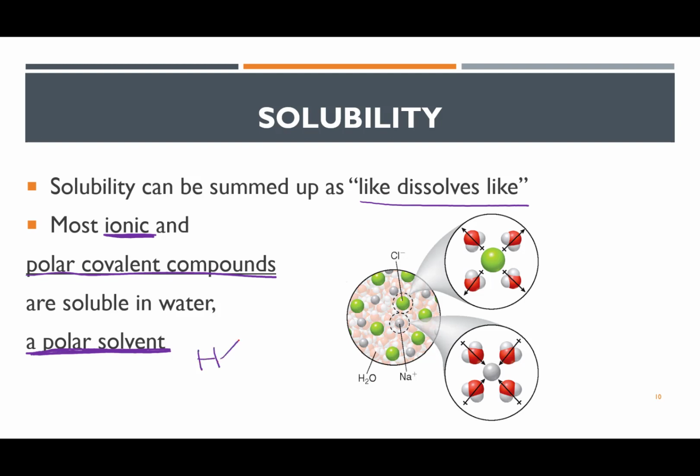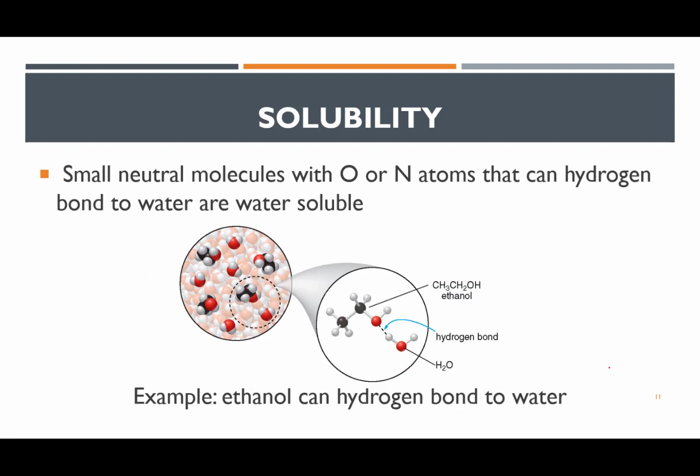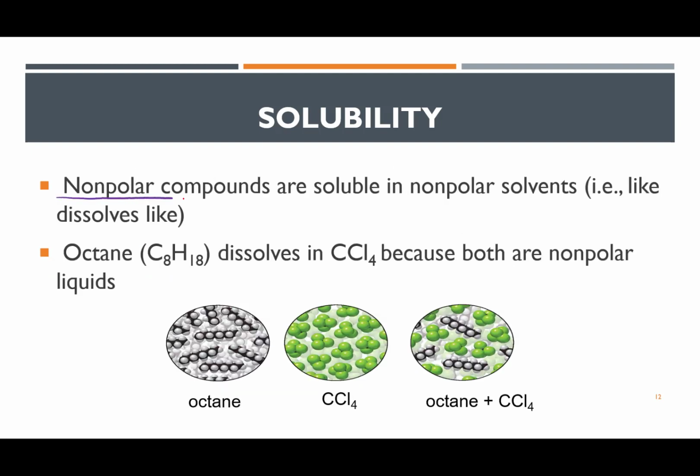This is the structure for water, which is a polar solvent. I don't want you to worry about the structure or what is a polar solvent and what is not. All I want you to know is that ionic and polar covalent compounds are soluble in polar solvents, and water is a polar solvent. And non-polar compounds are soluble in non-polar solvents.